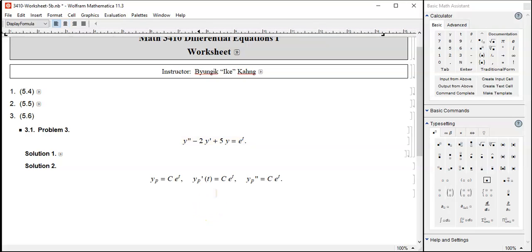Y double prime is c exponential of t power, minus 2c exponential of t power plus 5c e to the t power, I forgot c here, is equal to e to the t power.